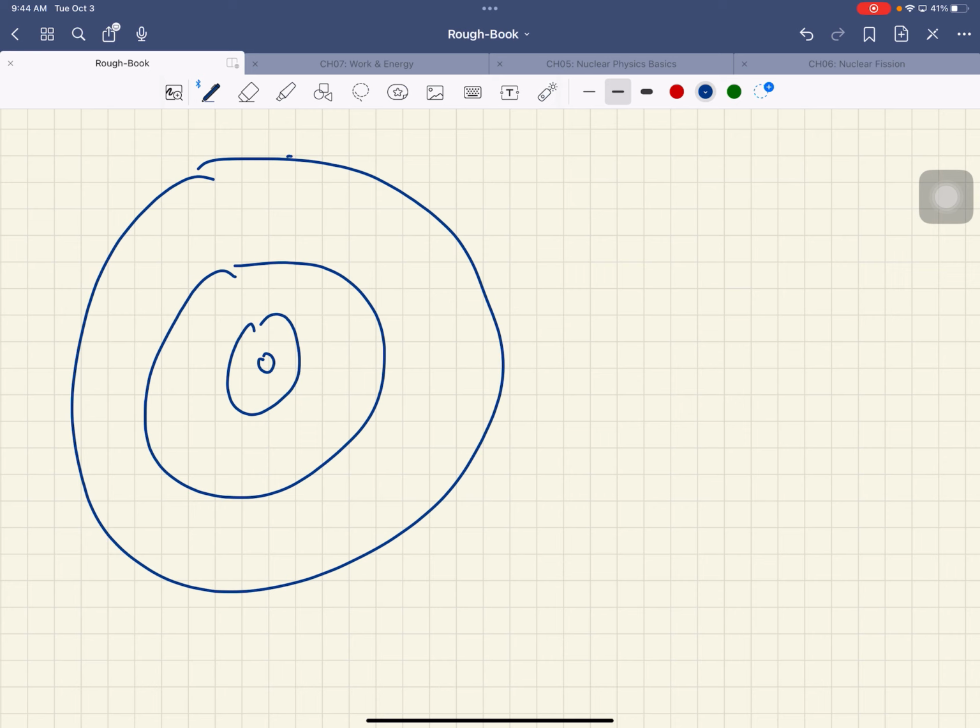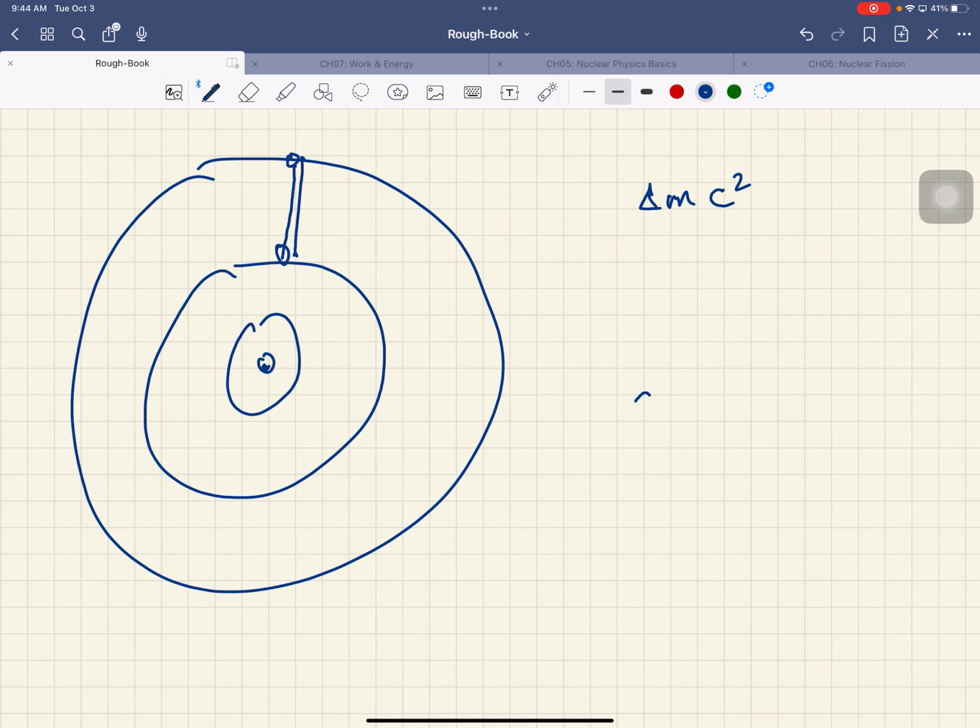When you burn something, all you're doing is maybe rearranging the electrons from a higher level to a lower level, and very little mass is converted to energy. So we don't want to do this. This is chemistry. We want to aim for bigger things. So what we want to do is mess with the nucleus.